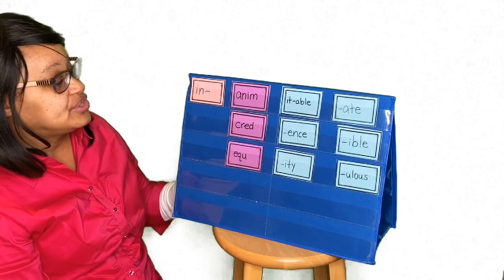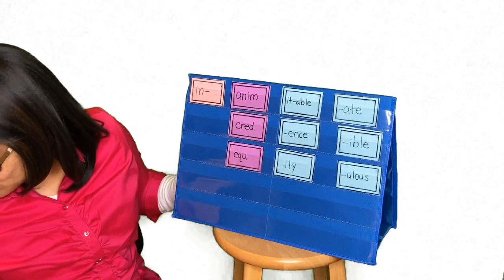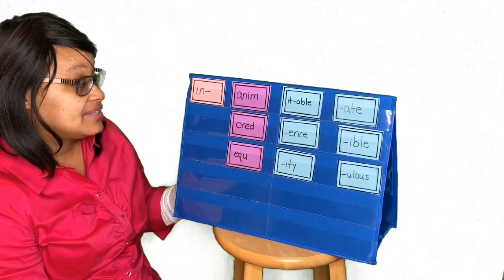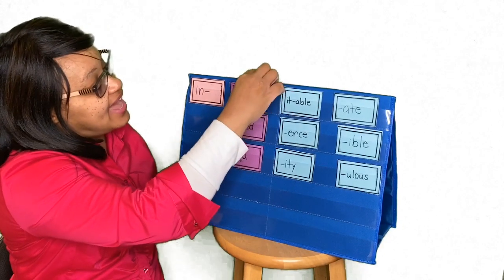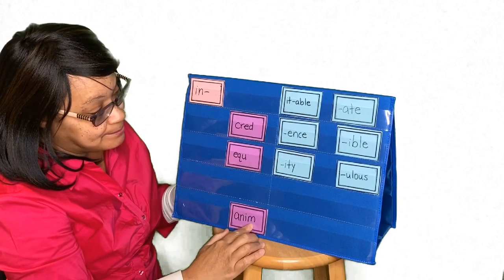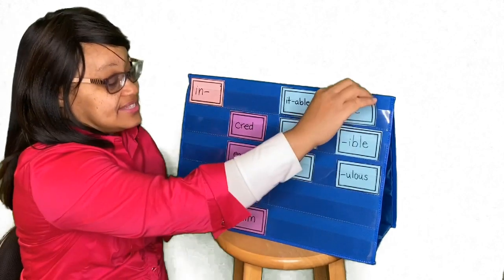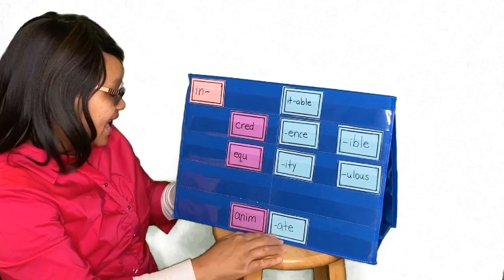So now we are going to build some words. Let's see, our first word will be animate. So we have anim, and we need ate. We put it together, we get animate.